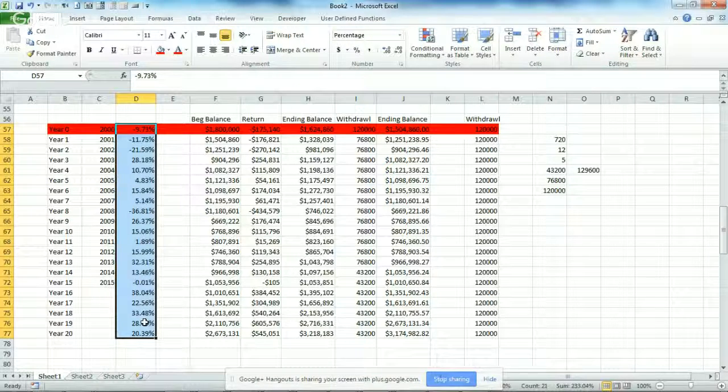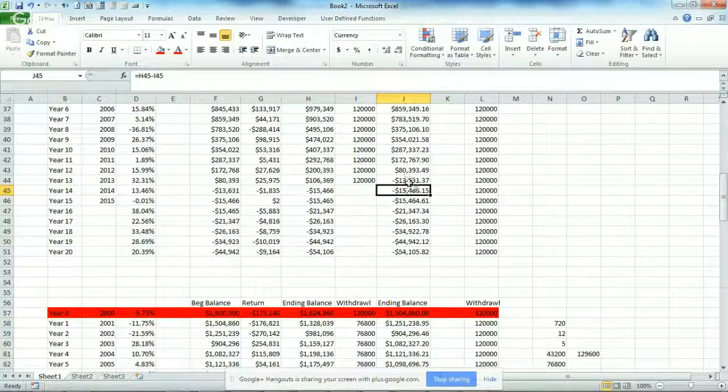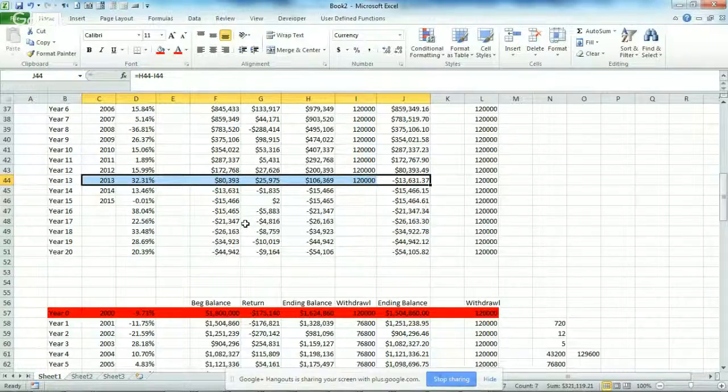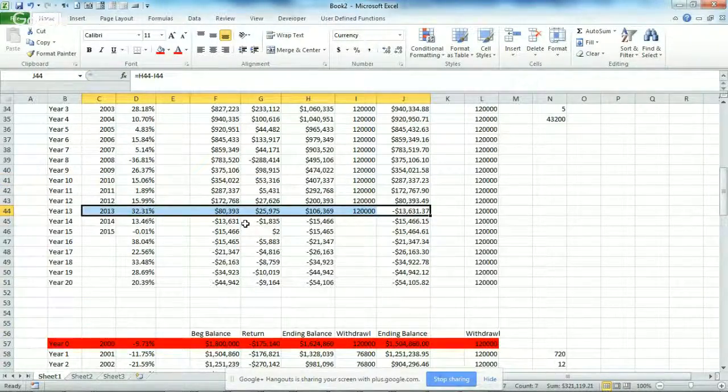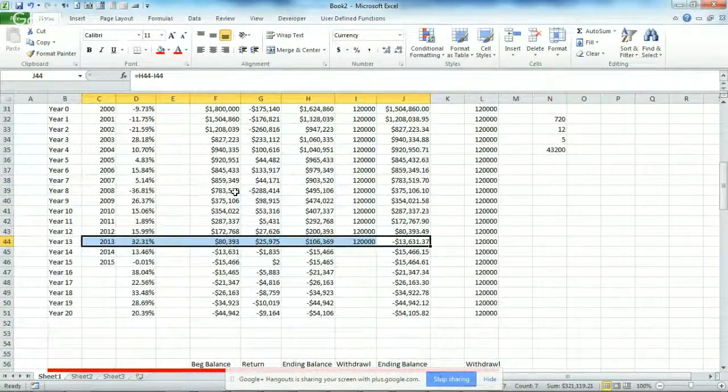But one of the things to think about is why having an income that you cannot outlive is really important. Because as you can see up here, once you run out of money after year 13, then what are you going to do? It's tough.